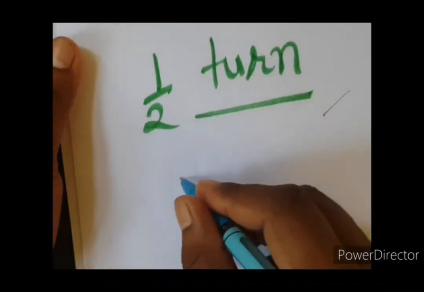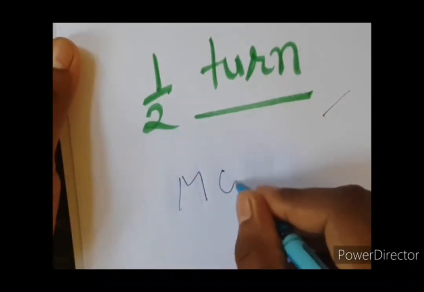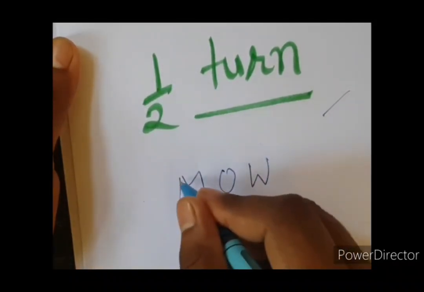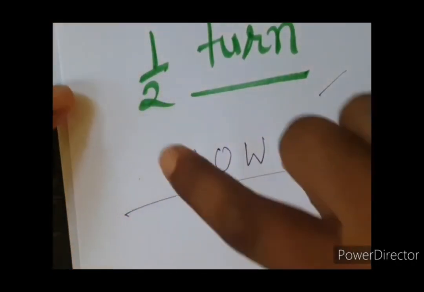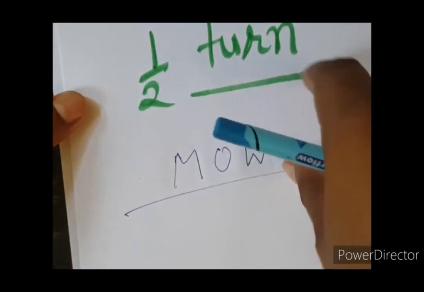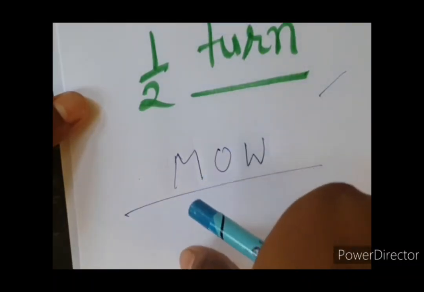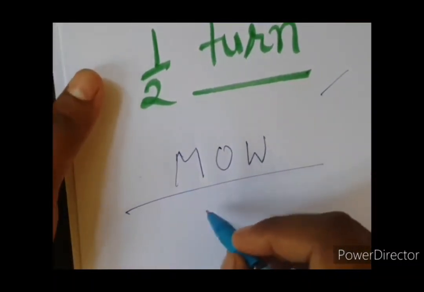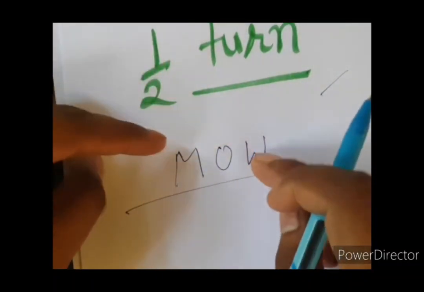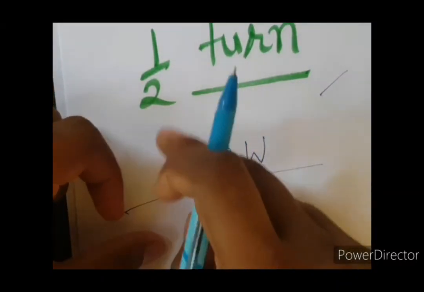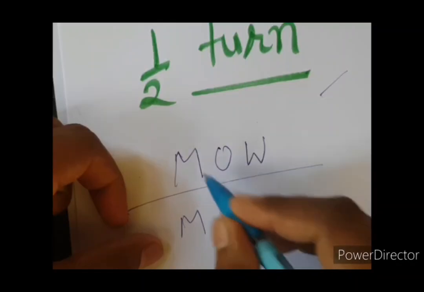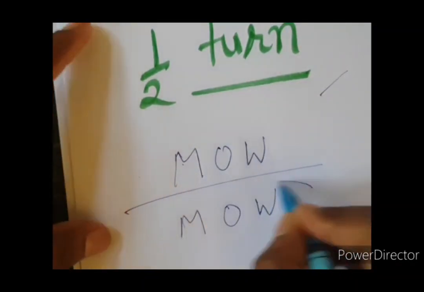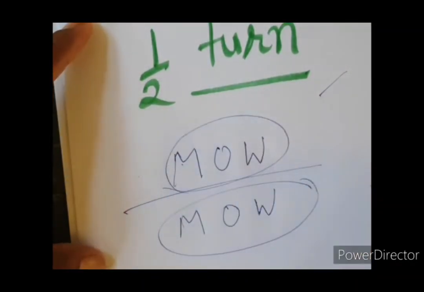Now look at this word, MOW, right? When we make a half turn of this word, we rotate it clockwise and then one more. When we make a half turn, W will come here, O will remain in the center, and M will go to this side. W will convert to M, and M will convert to W. MOW, MOW.